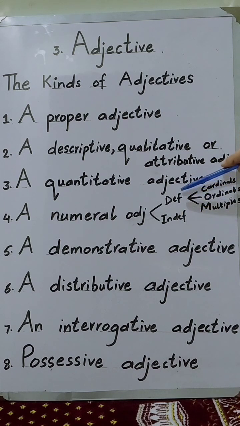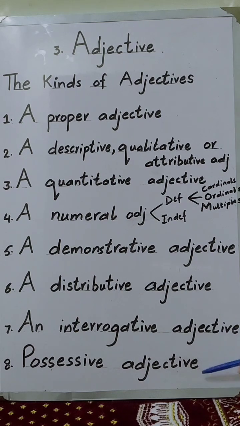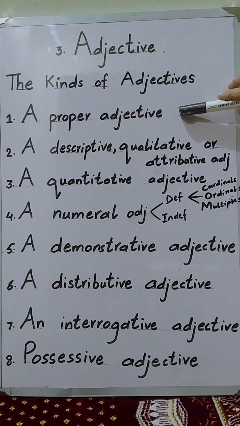Definite numerals are of 3 kinds, cardinals, ordinals and multiples. Number 5, a demonstrative adjective. Number 6, a distributive adjective. Number 7, an interrogative adjective. Number 8, possessive adjectives.